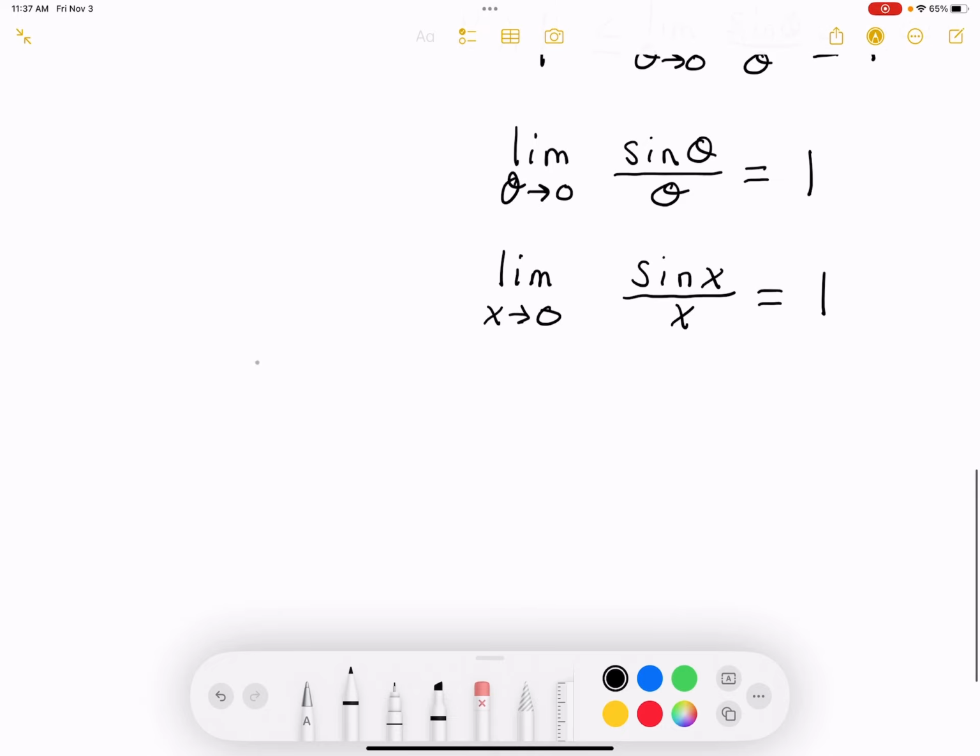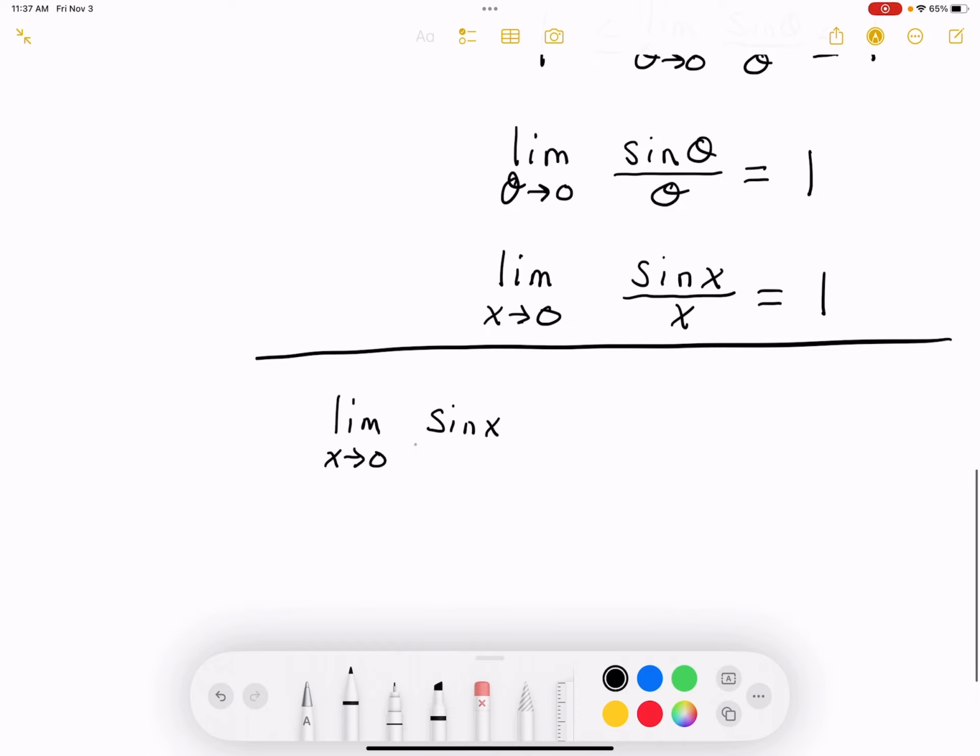And just to further reinforce that, we know when we direct substitute 0 in for x, we get 0 over 0, an indeterminate form. That allows us to use L'Hopital's rule. So if we have a quotient, which we do, we take the derivative of the numerator over the derivative of the denominator, and then evaluate the limit.